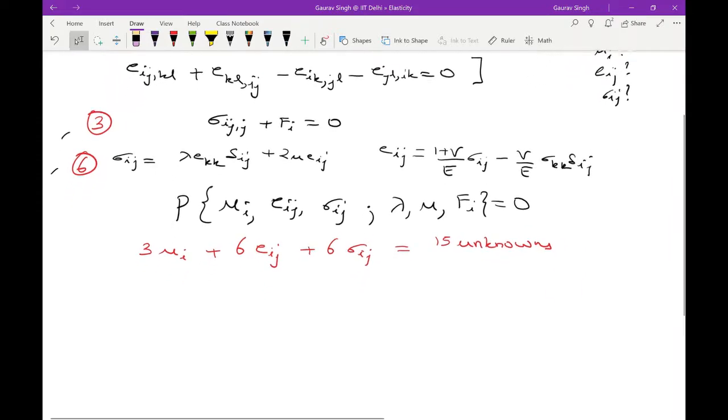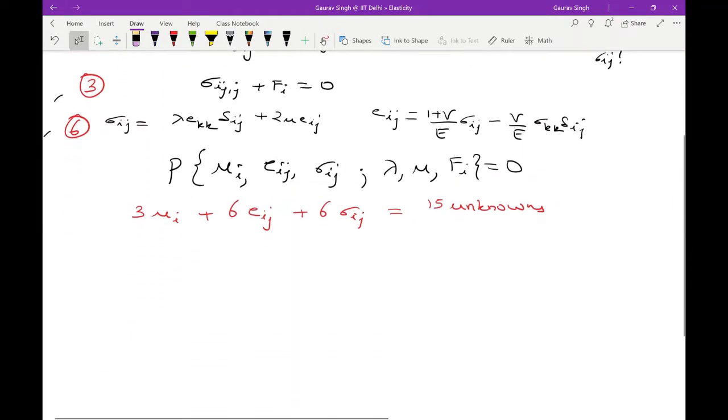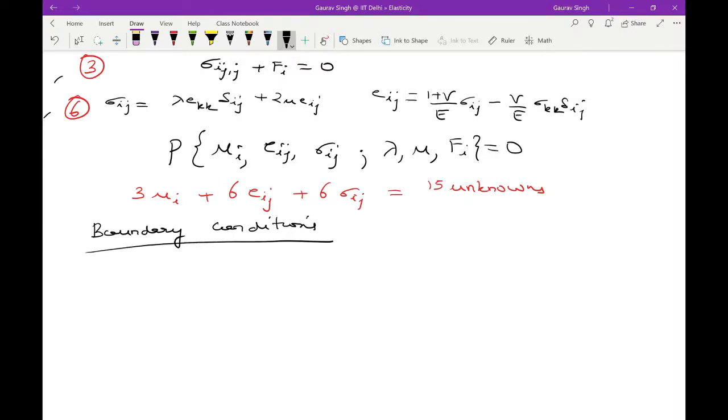So let's now move to our next discussion, which is boundary conditions. This is what I call our problem.